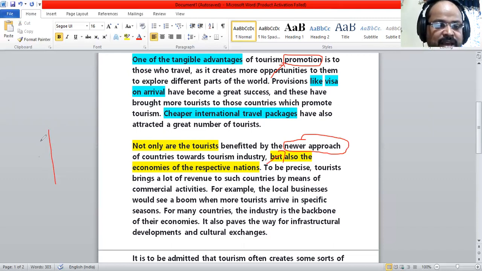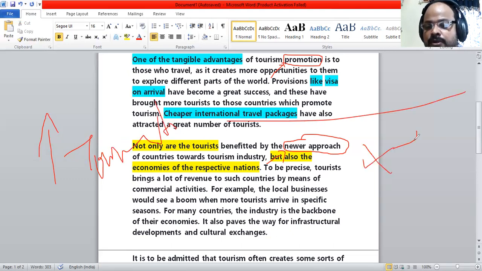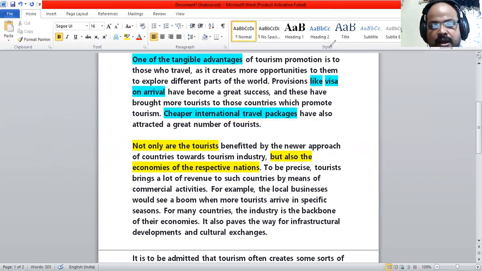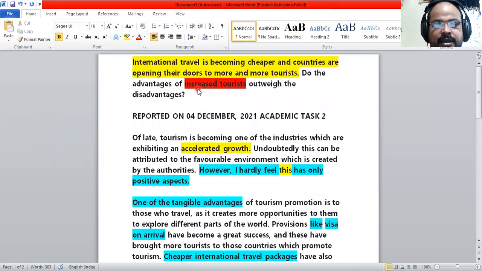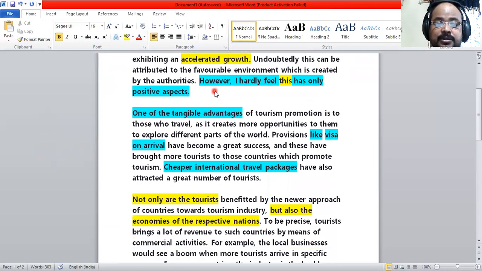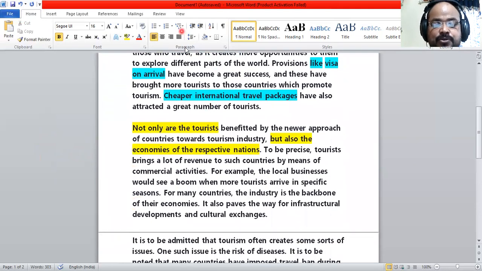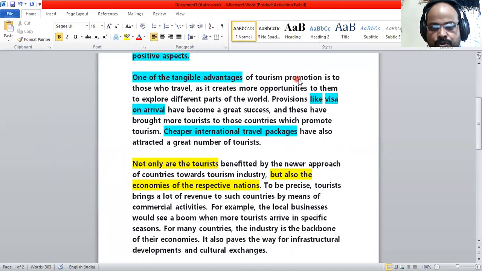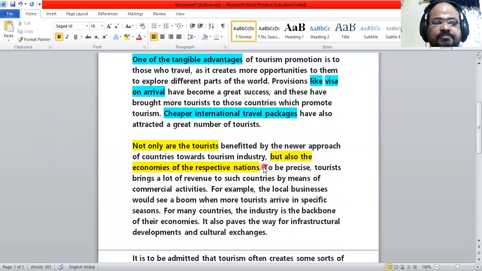We are dealing with the increasing number of tourists. If not, you have to see the question once again: do the advantages of increased tourists outweigh the disadvantages? So that's the reason why we have given these words here, tourism promotion, newer approach. So we have identified the core word, and that's why we have presented it.